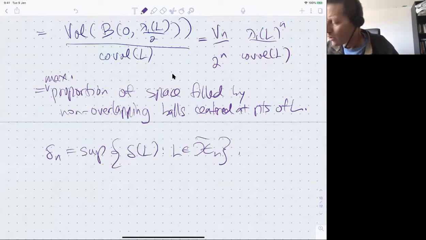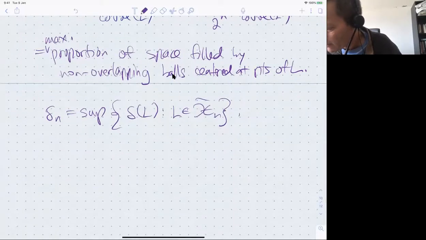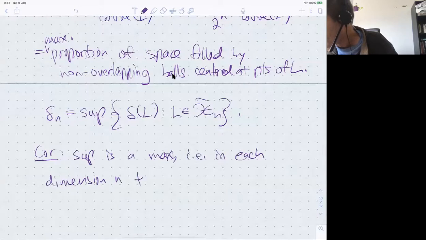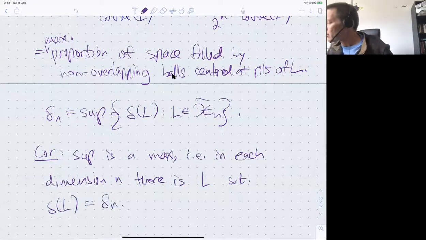And the corollary of the modular compactness criterion is that this sup is actually a max. Which means that in each dimension n, there is a lattice L so that its packing density is the maximal possible packing density.